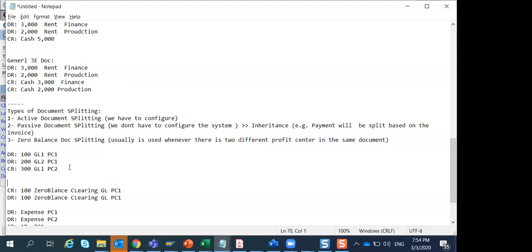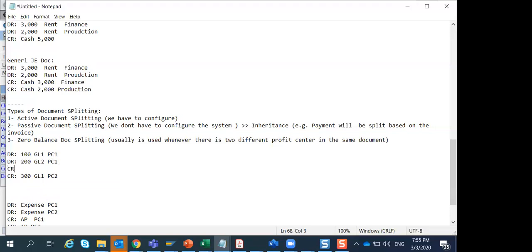Now what is the system going to do? It looks at the profit center: you have 100 and 200, so $300 for profit center one and $300 for profit center two. Does that make sense? For profit center one you have 100 and 200, both debit, so the system comes and says, okay, the total is $300 debit for profit center one.